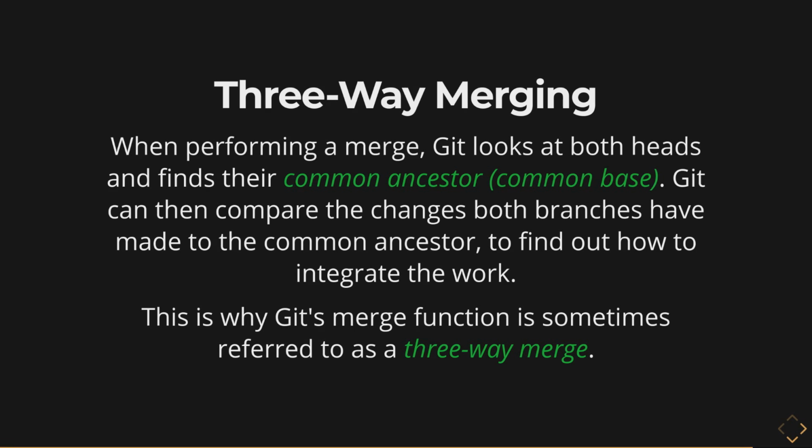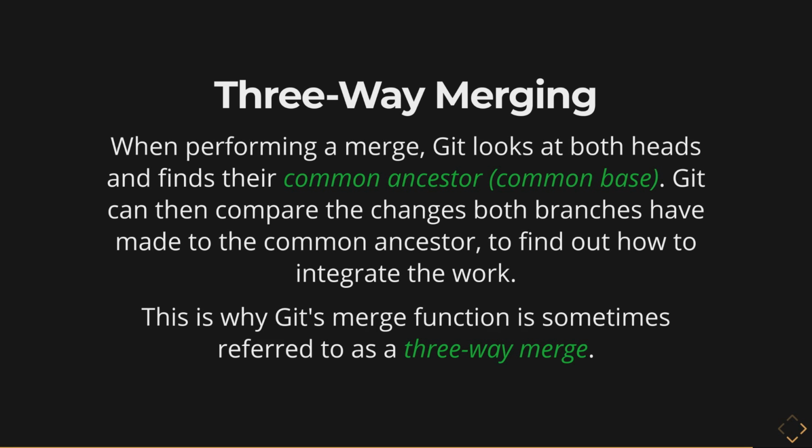As in, it looks at the heads of the two branches you're trying to merge, and it'll find their common ancestor. Because they will have to have at least one common ancestor. I mean, at some point you had an initial commit in your Git repository, and everything comes from that commit. So there's at least one common ancestor, namely the initial commit of the Git repository. But there might be a later one.